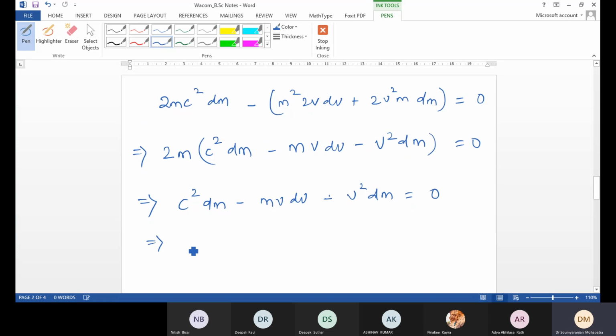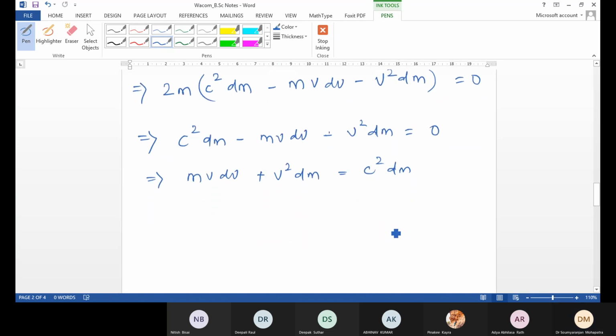This implies mv dv plus v square dm, taking this to this side and taking minus common from all, this minus becomes plus, equals c square dm. I have taken this first term to the right hand side and taken minus common from all. So this is the equation.